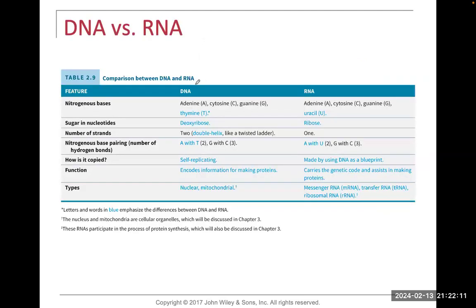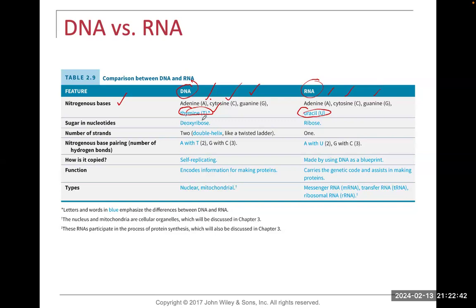So to finish up, if we do a quick comparison between the DNA and RNA, if we look at the nitrogenous bases, the DNA has the adenine, cytosine, guanine, and thymine. And notice that's in blue because in the RNA, the thymine is taken out and replaced with uracil. You still have adenine, cytosine, and guanine.